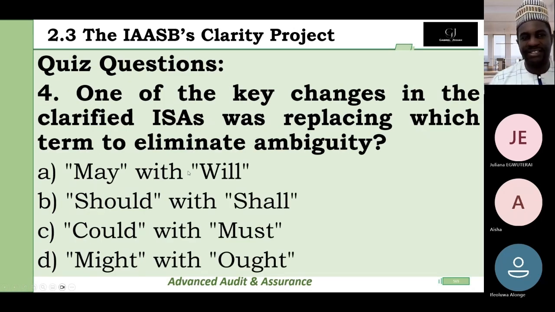All right. One of the key changes in the clarified ISAs was replacing which term to eliminate ambiguity? A, may with will. B, should with shall. C, could with must. D, might with ought. B. Should and shall.